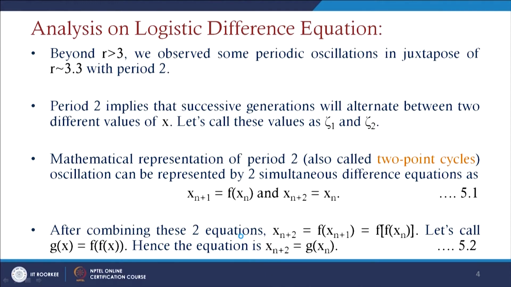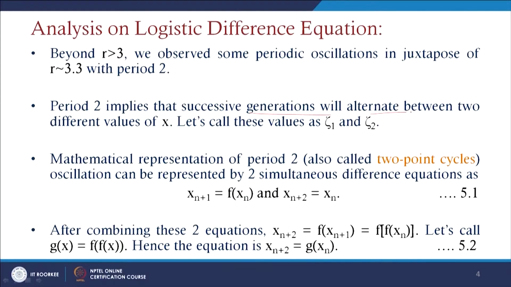So, very close neighborhoods show these oscillations with period 2 for r equals 3.3, and period 2 implies that successive generations will alternate between two different values of x, and let us call these values zeta 1 and zeta 2.